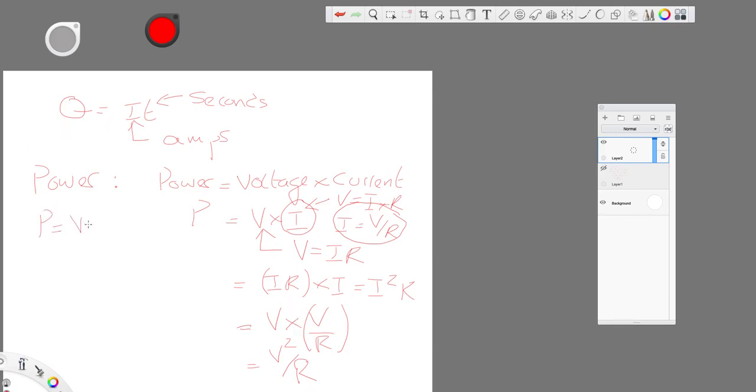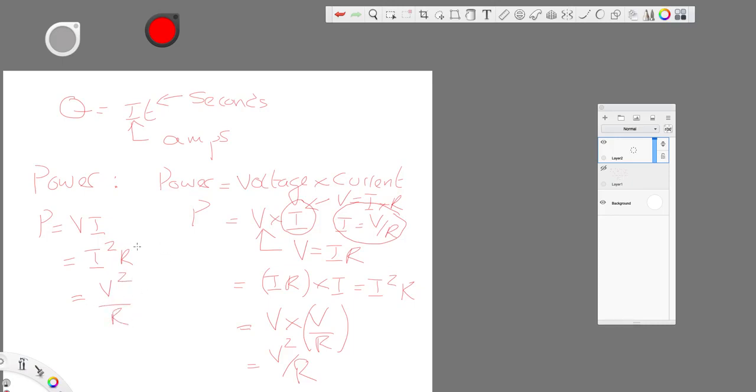I've got power is V times I, that's the one you need to know. You could also make it I squared times R. You could also make it V squared over R.